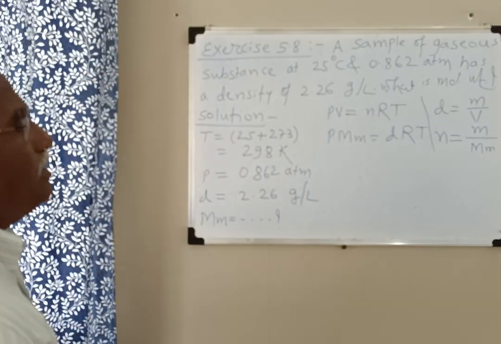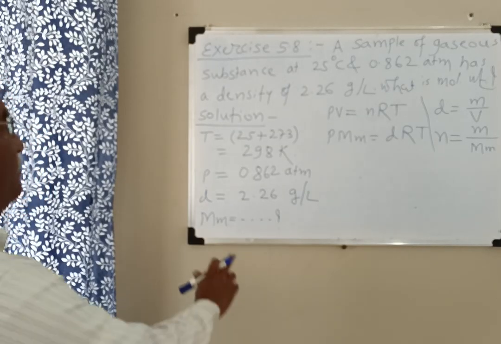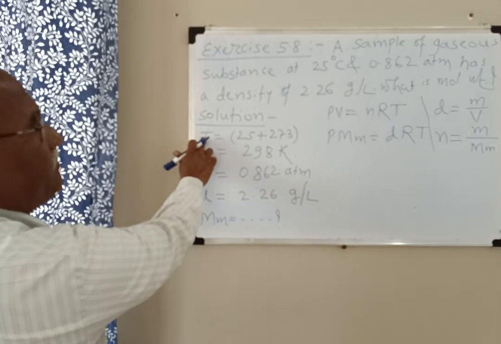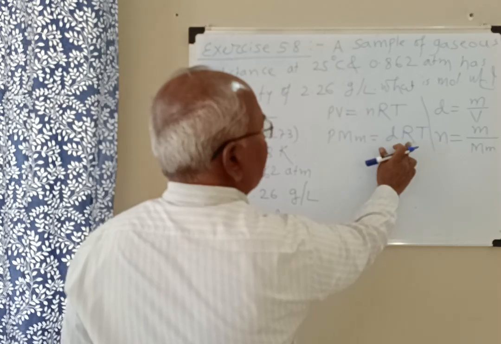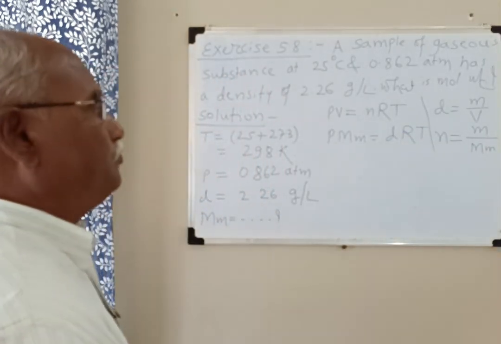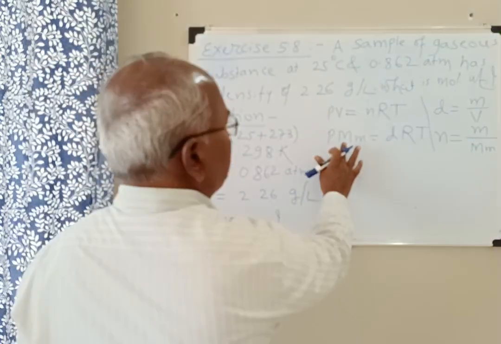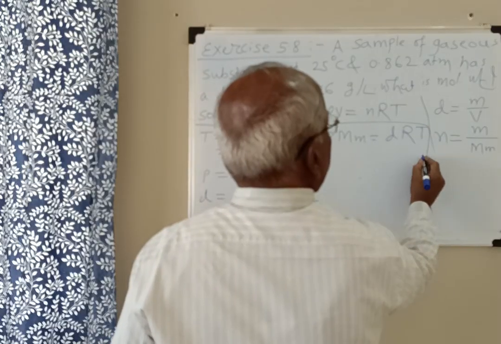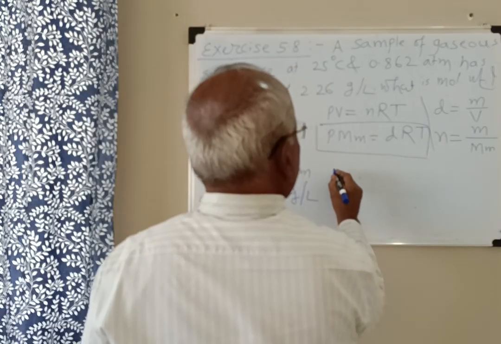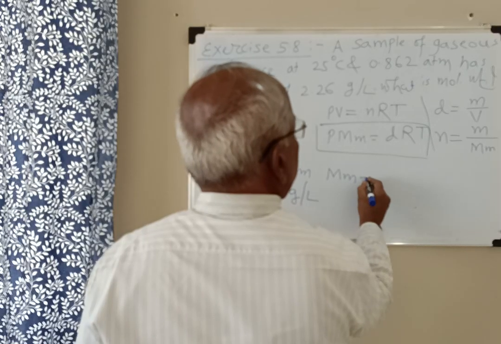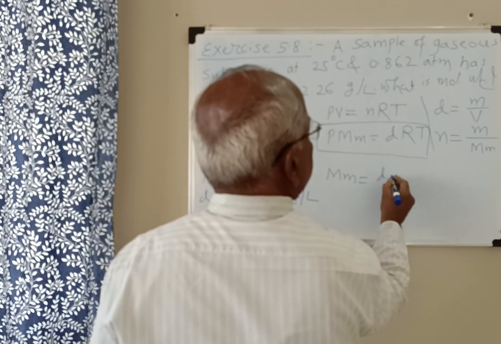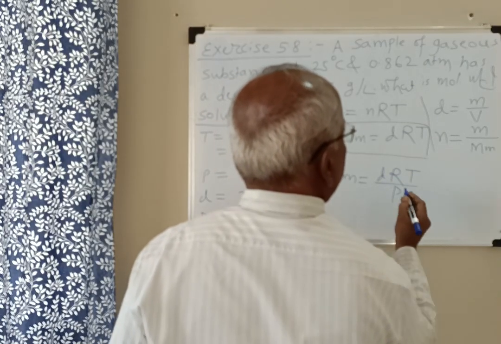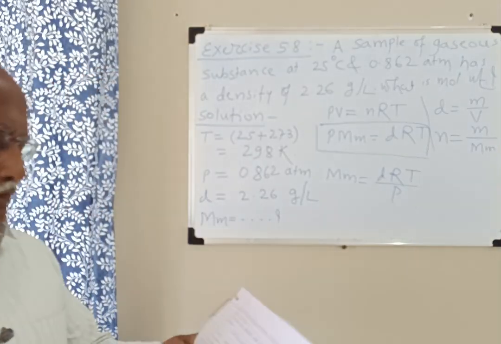Density, pressure and temperature are given, and R gas constant is known. Therefore, you can find the molecular mass. So I use this relation: M is equal to DRT upon P.